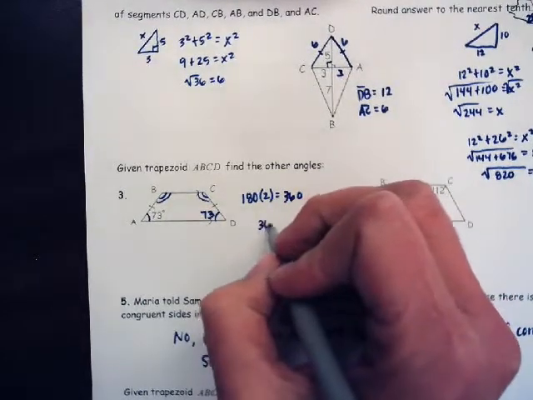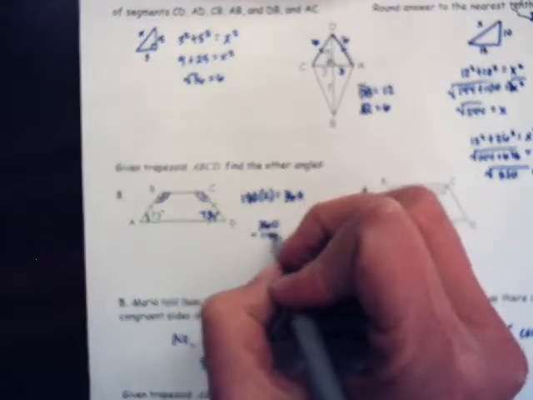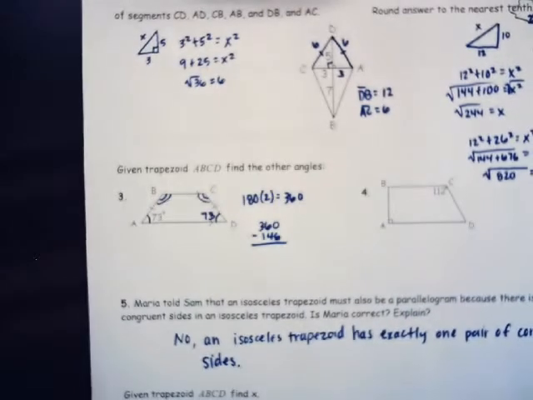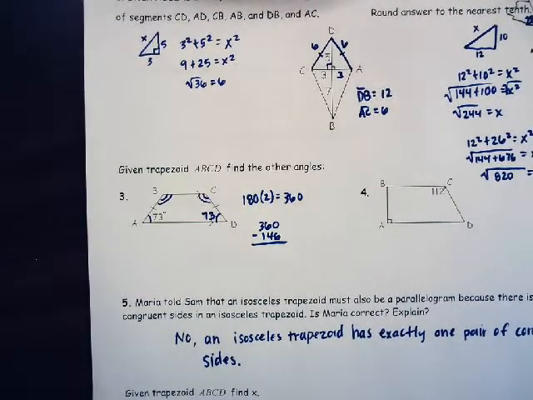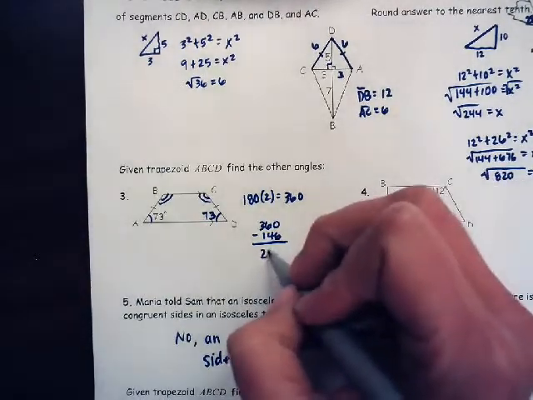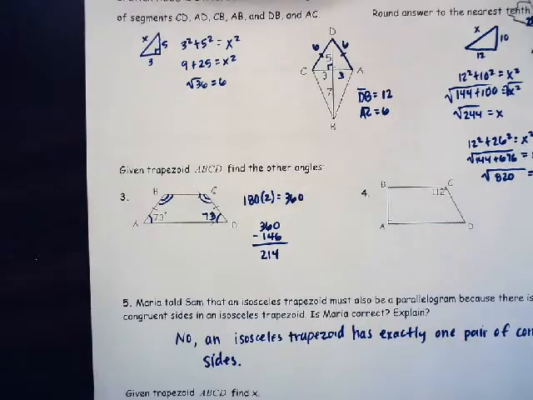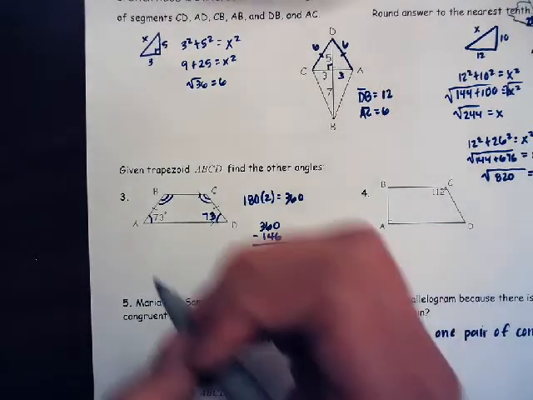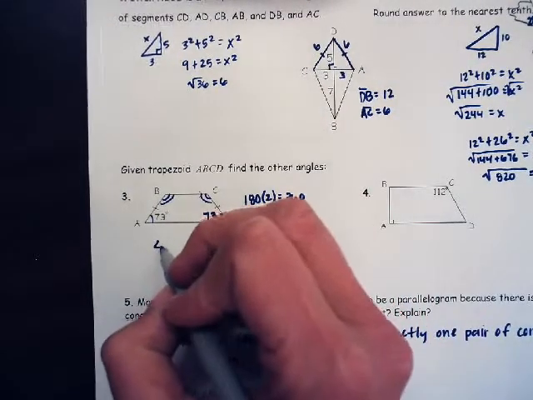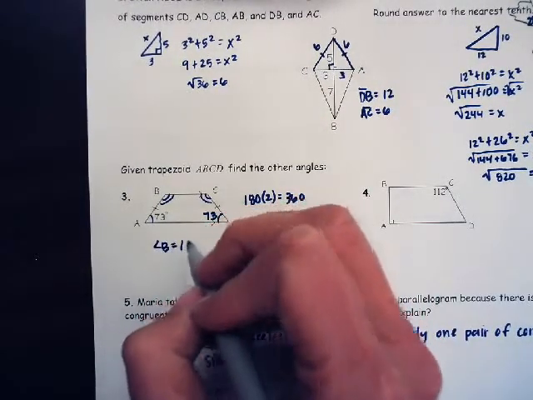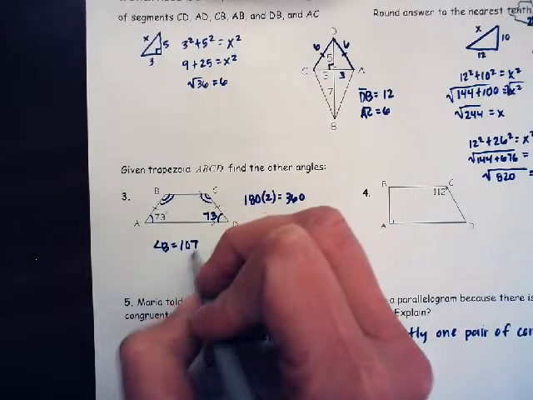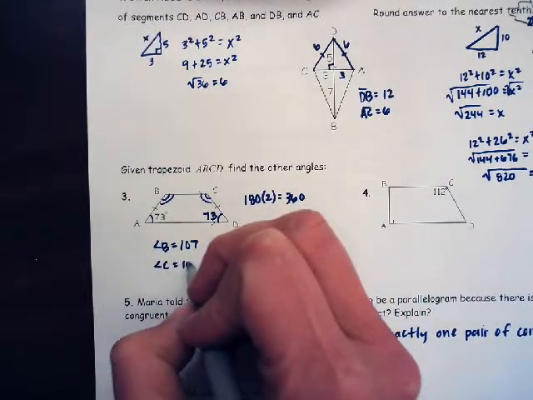I can take 360, subtract 146, and I'm left with 214. Now 214 has to be divided evenly among those two. So I can just divide it by 2. And that means that angle B equals 107 and angle C also equals 107.